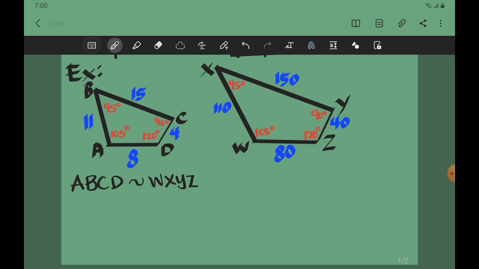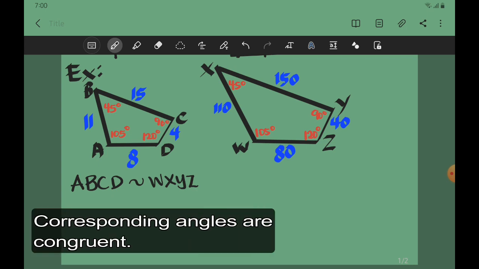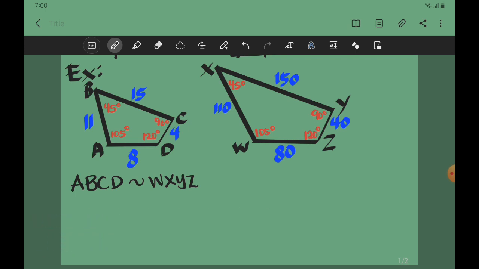So sabi natin sa characteristics, corresponding angles must be congruent. So obviously, based on the figure, congruent naman yung corresponding angles nila. So ano-ano po ba yung corresponding angles? So we have here angle A congruent to angle W, kasi pareha silang 105 degrees.